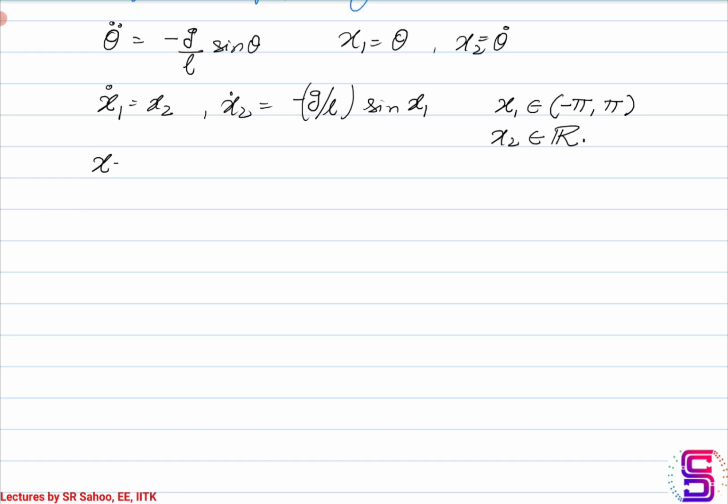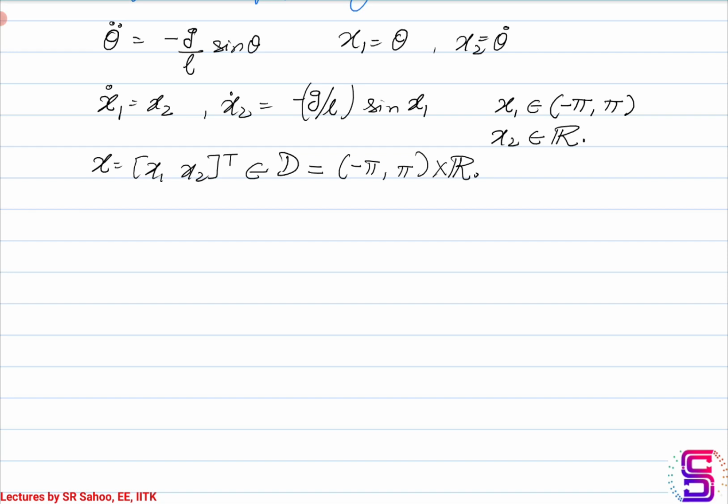So the state vector x, which comprises x1 and x2, is in the set D, defined as minus pi to pi cross R. So x1 takes values from the first set, and x2 takes values from R.